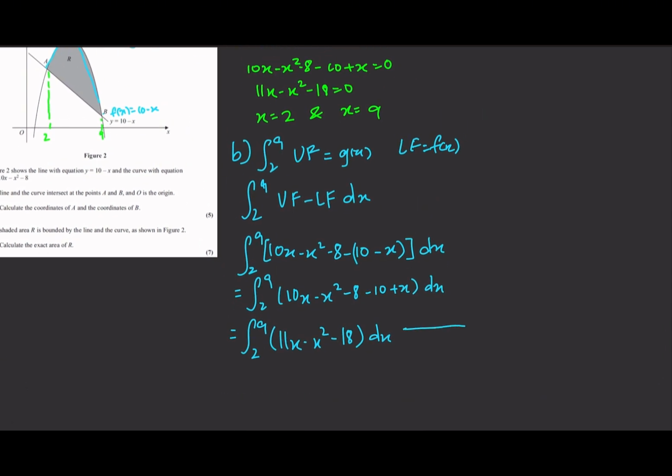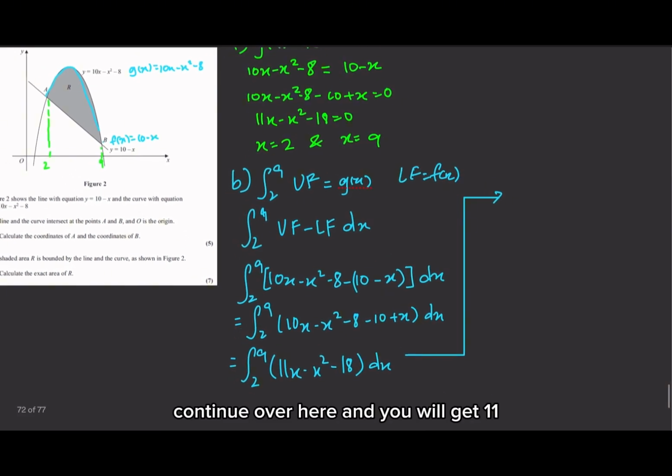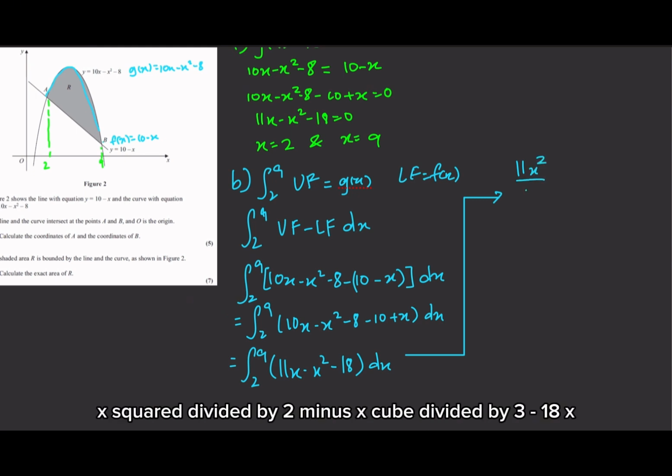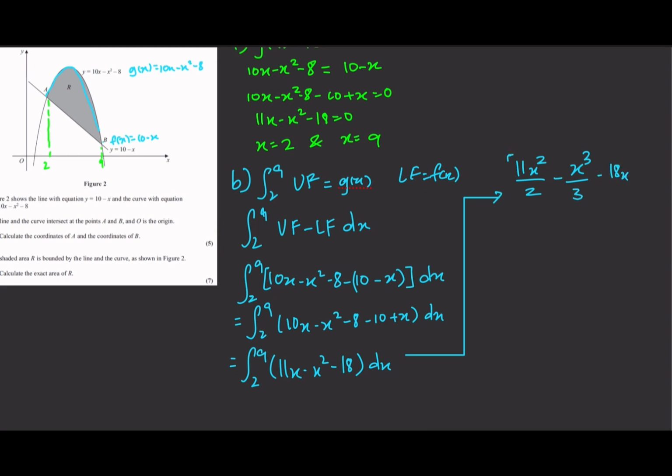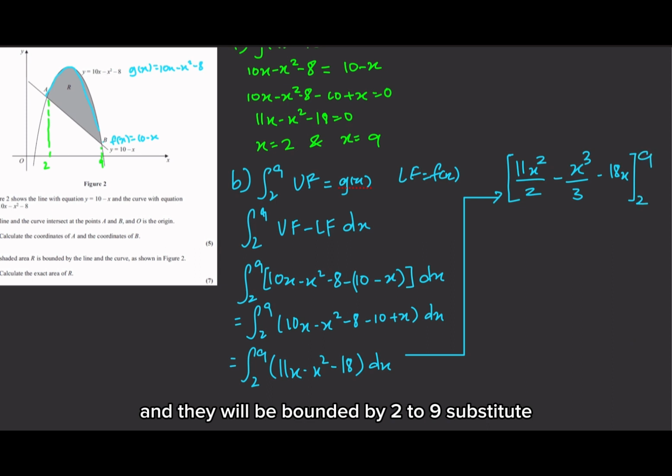And of course, continue over here and you will get 11x squared divided by 2 minus x cubed divided by 3 minus 18x, and it will be bounded by 2 to 9.